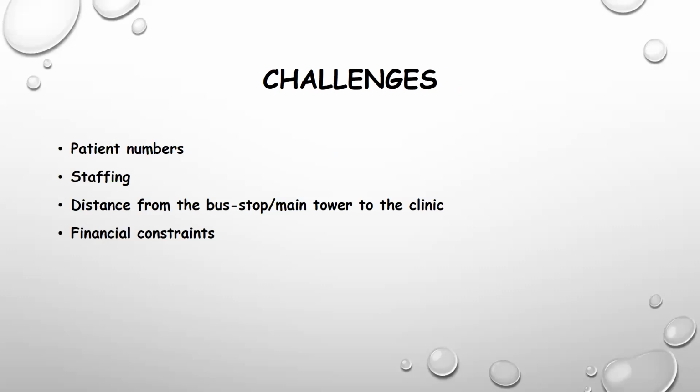But because of the teamwork and having very many people, we're able to at least mitigate that. But with time, we hope we'll have better ways of facing this challenge. Financial constraints are also quite large. We want to give our patients something better, but because of finances, they're not able to overcome that.